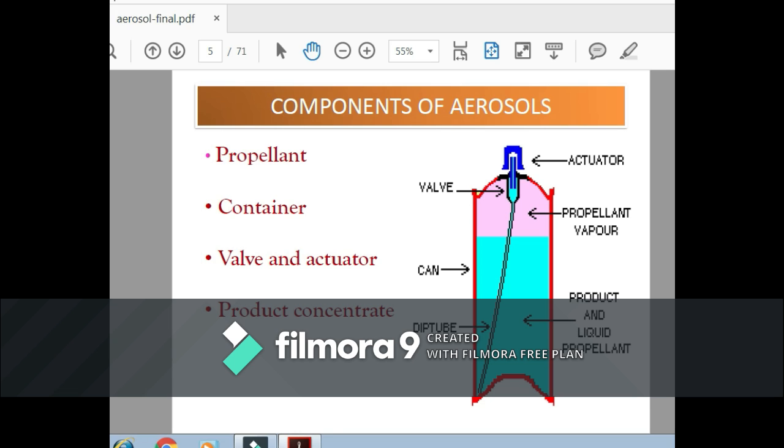Then your product concentrate, or your drug plus propellant, will be added inside your container, and then we have to fix your valve as well as the actuator, and then your total system will be called the aerosol. So this is about the components of the aerosols: propellant, container, then valve and actuator along with your container, and then product concentrate, which is nothing but your active drug.